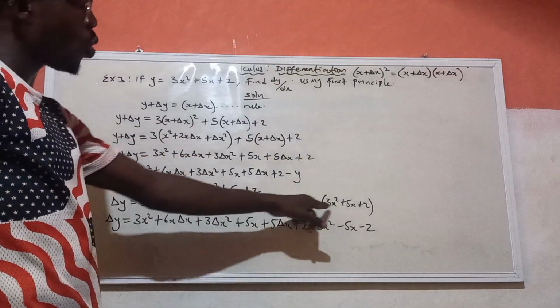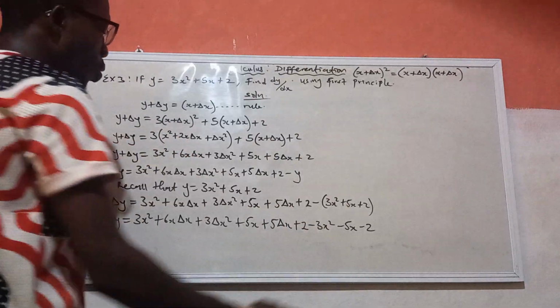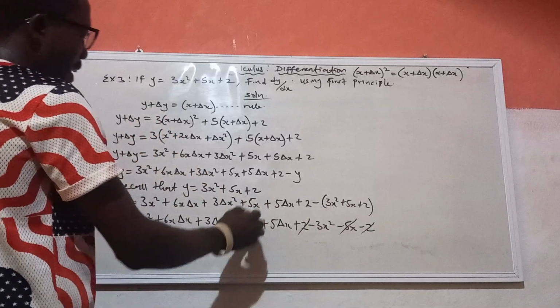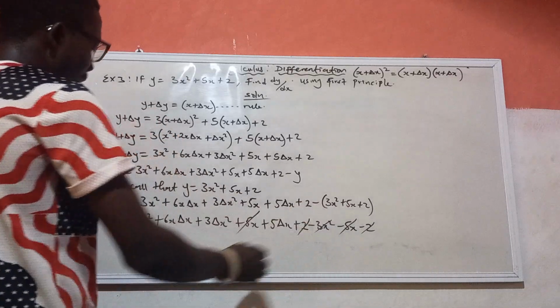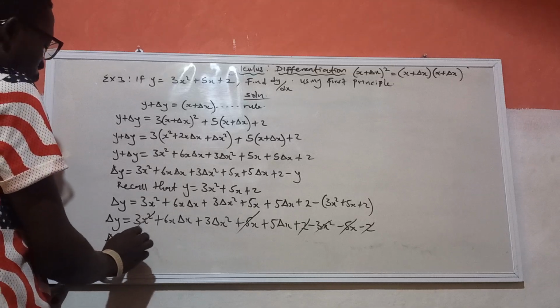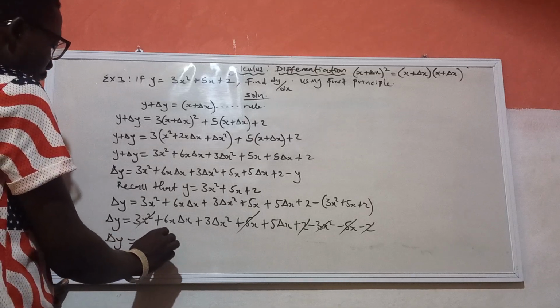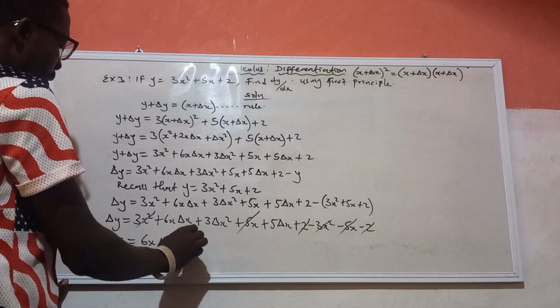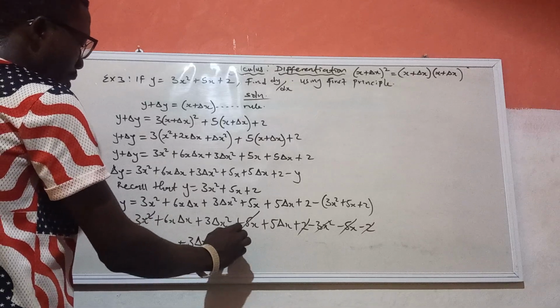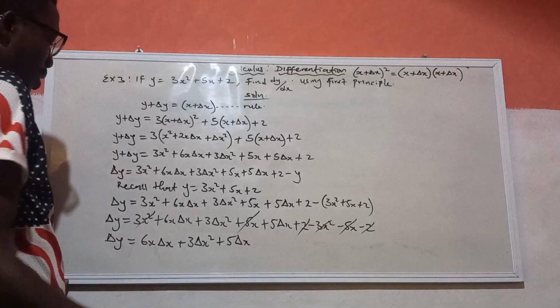I'm using this minus to open this bracket. So minus 2 cancels plus 2, minus 5x cancels plus 5x, minus 3x squared cancels 3x squared. So I am left with change in y equals 6x change in x plus 3 change in x squared plus 5 change in x.